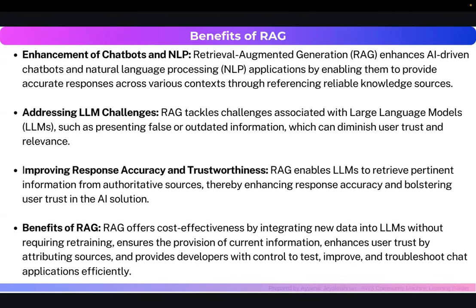The second thing is it addresses the LLM challenges, like the outdated information mentioned, and it makes sure it gives you the citation of where this information is coming from. So these are the benefits of RAG. And of course, it is cost effective, and it makes sure that it lives within your data source. It's one of the important requirements for any enterprise.